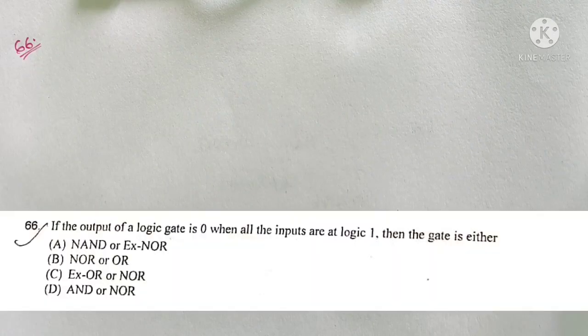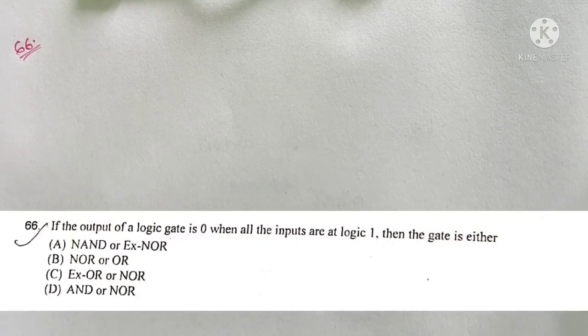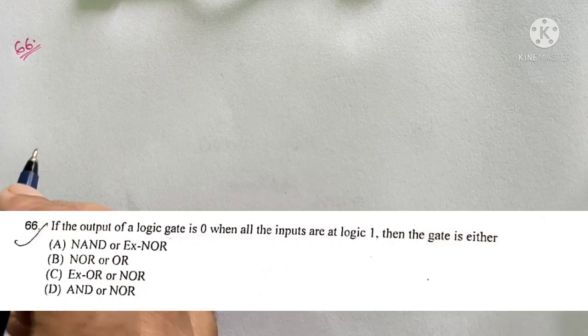Question number 66. If the output of a logic gate is 0 when all the inputs are at logic 1, then the gate is either. Look, check once for all the gates given in the options, for example for NAND gate.